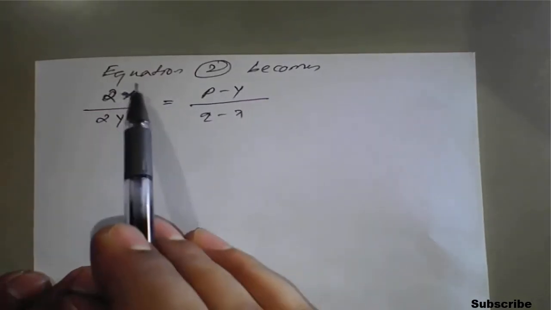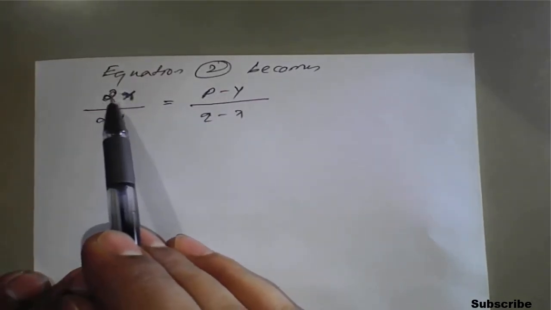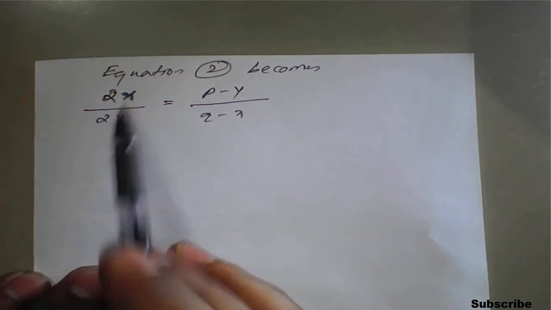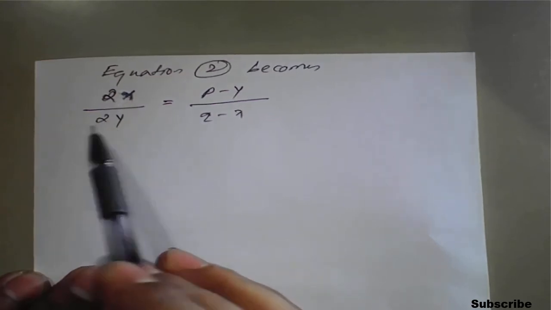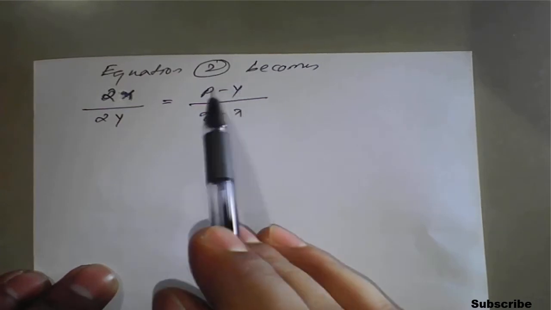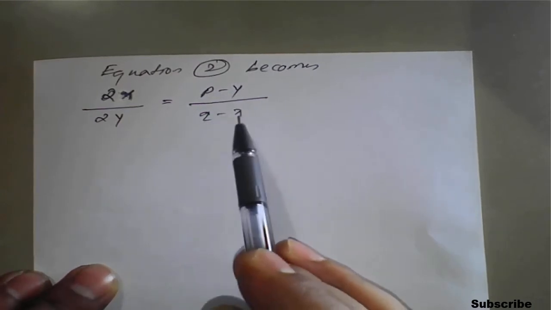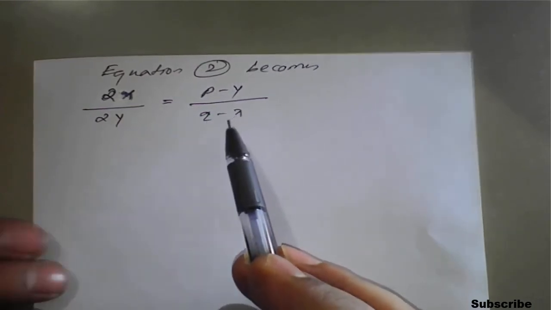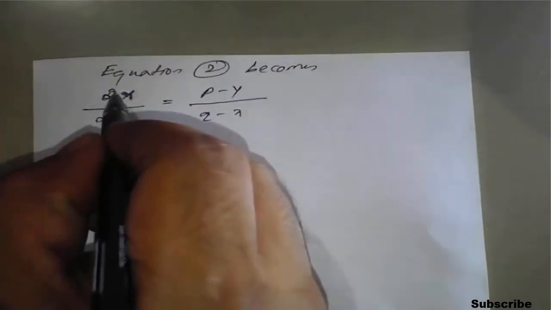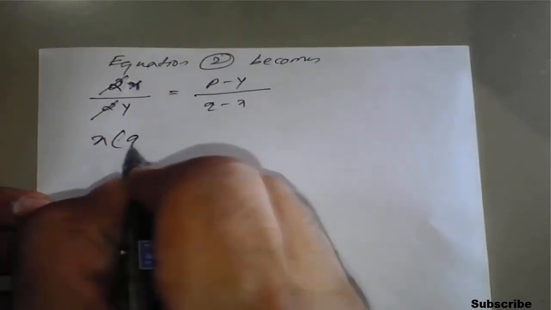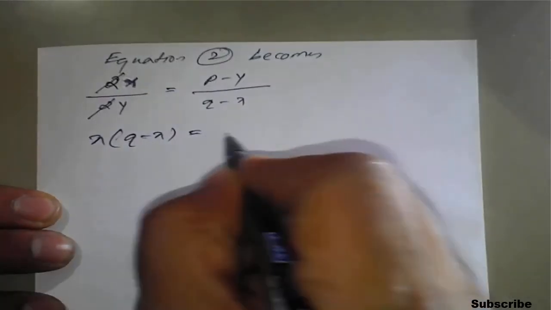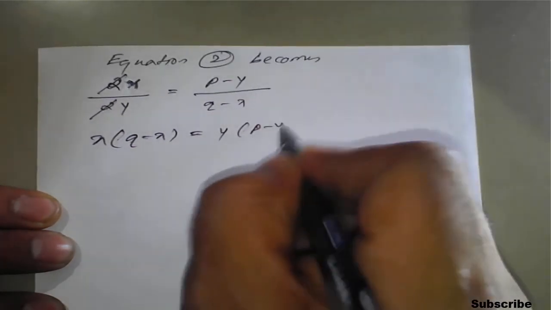If we apply those values in equation 2, we get dou u by dou x as 2x, dou u by dou y as 2y, dou v by dou x as p minus y, and dou v by dou y as q minus x. Cross multiplying, 2 cancels, so we get x into q minus x and y into p minus y.